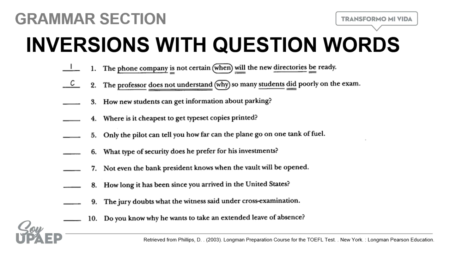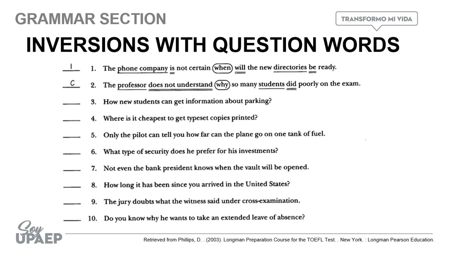Okay, here we have some exercises. Let's analyze the first two, and then you will be able to work on your own. Number 1 says, the phone company is not certain when will the new directories be ready. The exercise says that that sentence is incorrect.